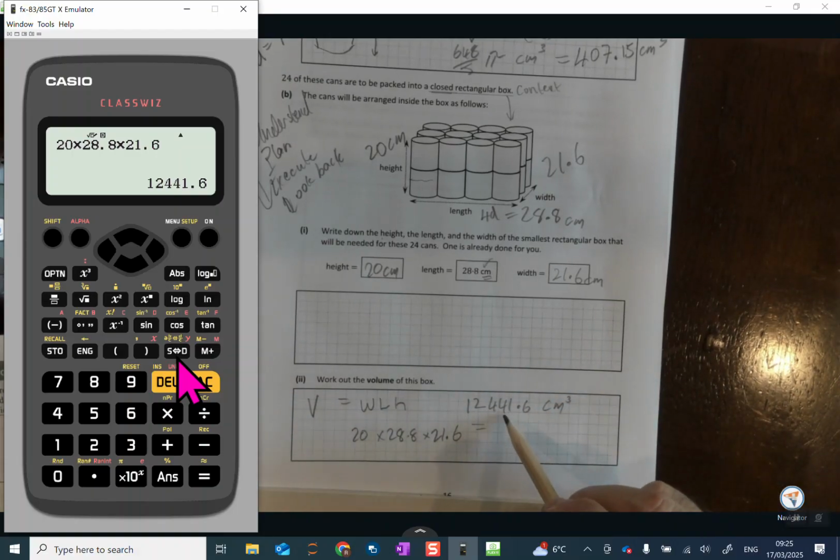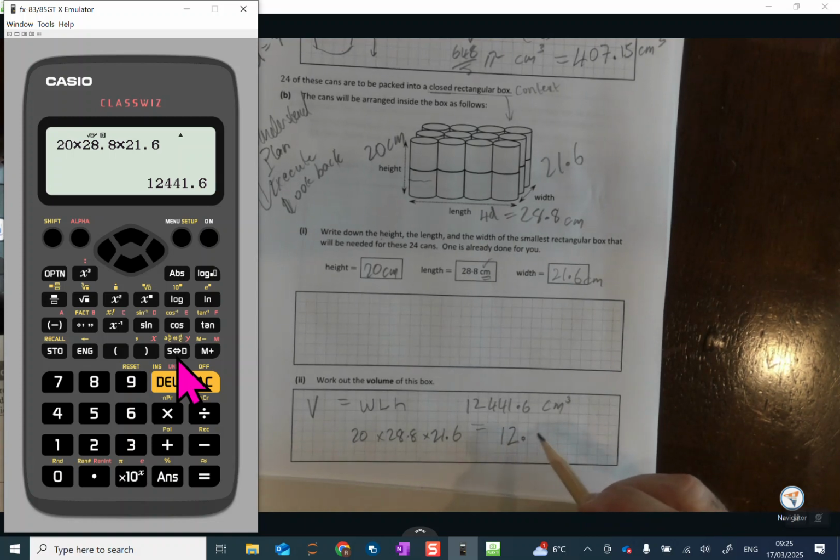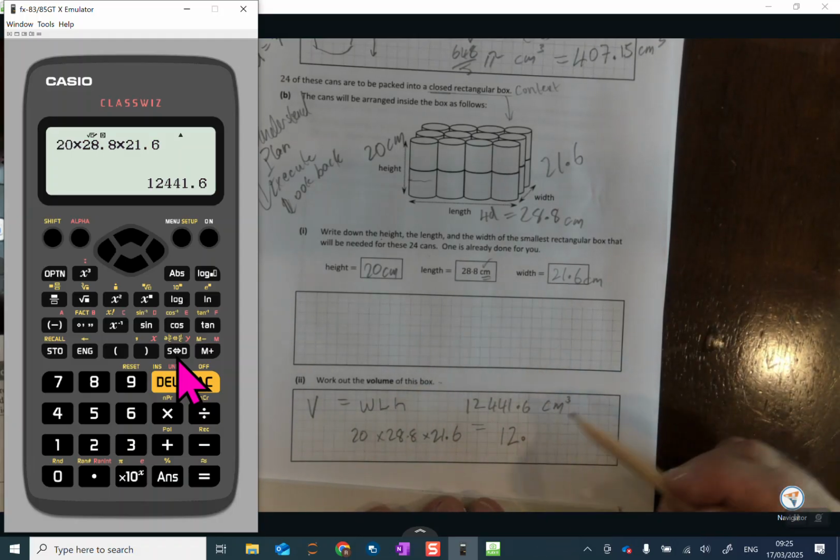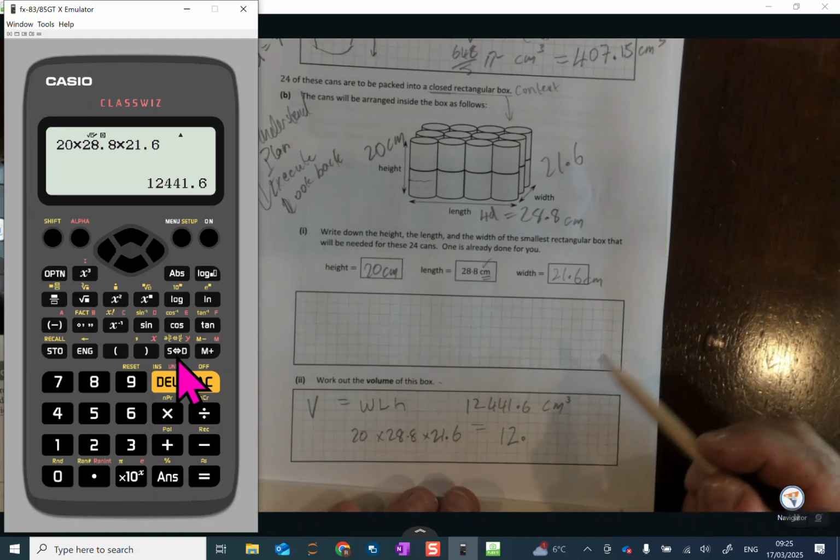Now if we move 3 decimal places, which it's equal to 12 point, it's amazing they didn't ask us to round or anything, and so we're going to give the exact answer because it is terminating, so it doesn't go on forever.